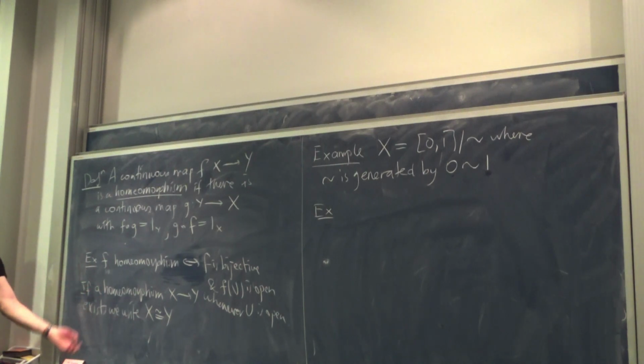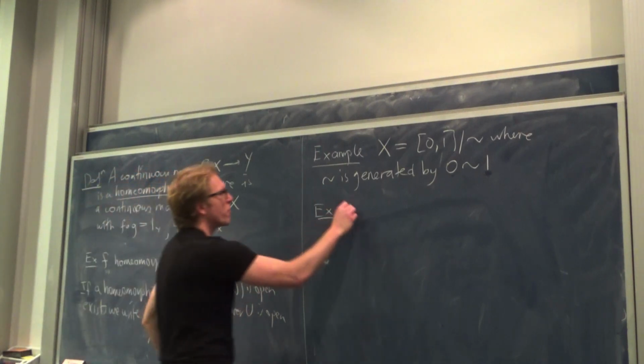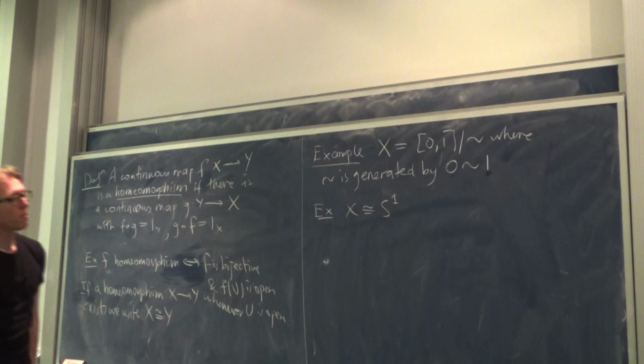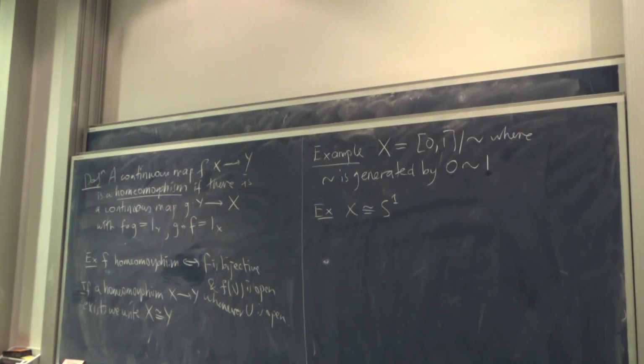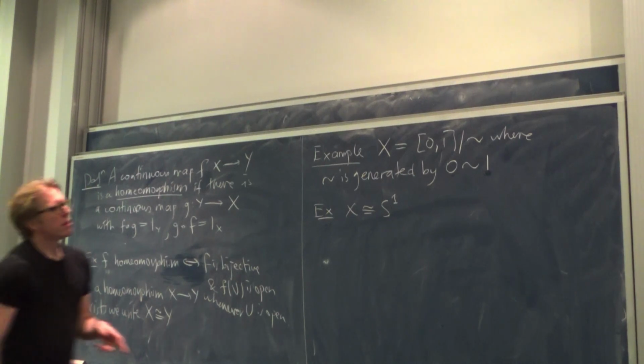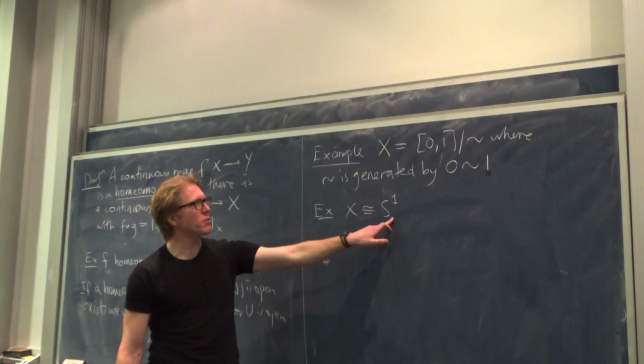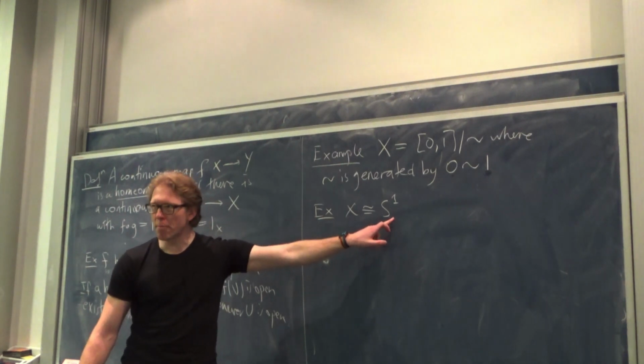Okay, and I say X and Y are homeomorphic. All right, so exercise: prove this X is homeomorphic to the usual topological space S1. Okay, so you get to pick which way you want to write down the map. And if you think about it, it's sort of natural to map X to S1, right? Because what's a map?